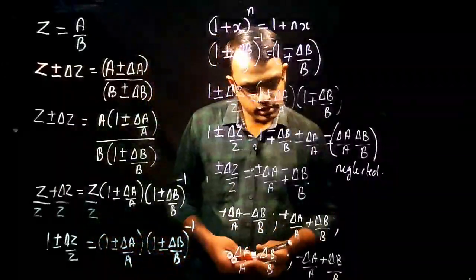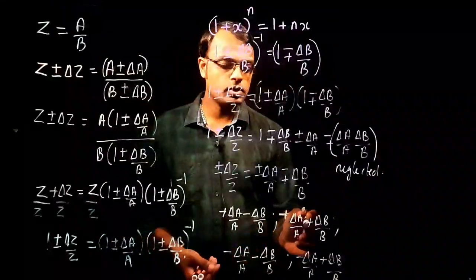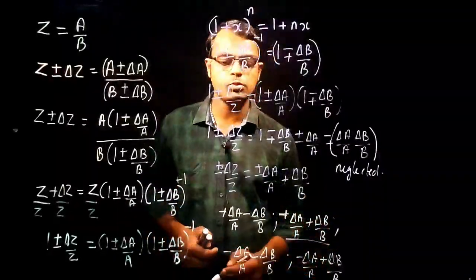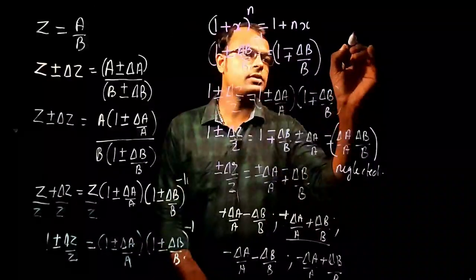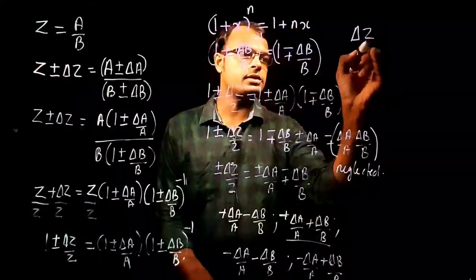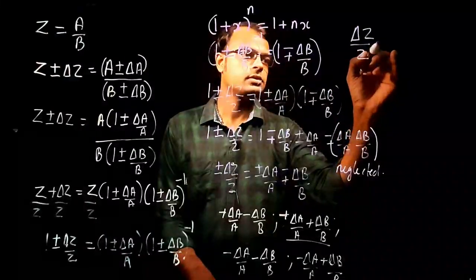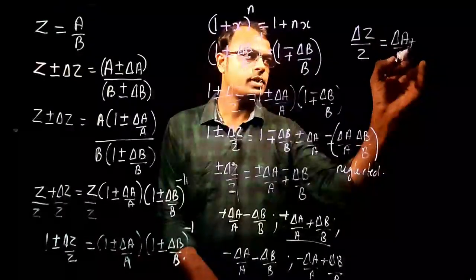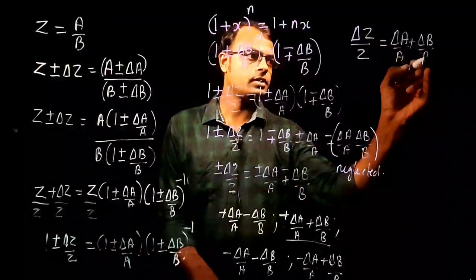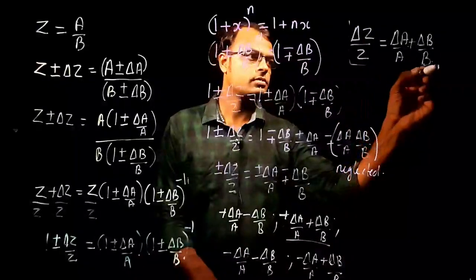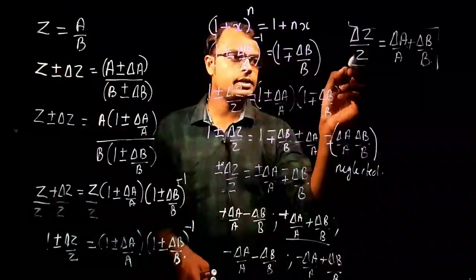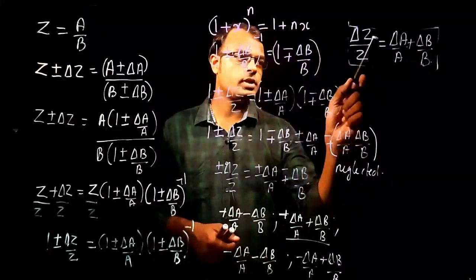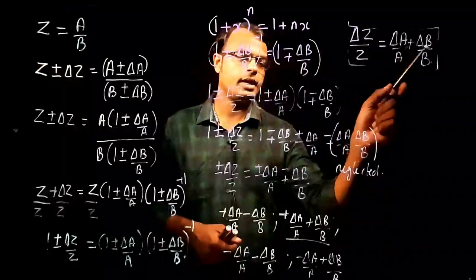Clear? Among these combinations, which one is the maximum possible error? No doubt this is the maximum possible error. So we can conclude that the maximum possible error in the final result is Δa/a + Δb/b. So what is the conclusion here? The maximum relative error in the final result is the sum of the relative errors in a and b.